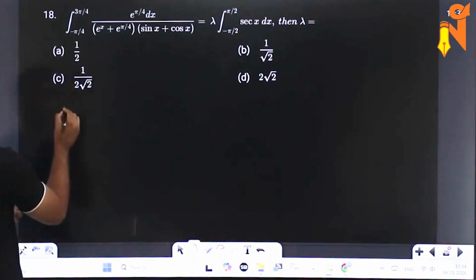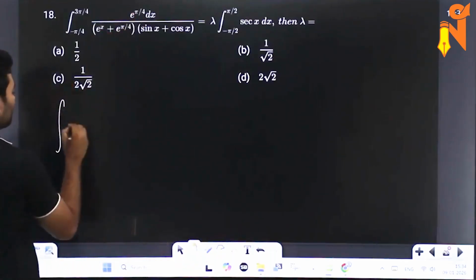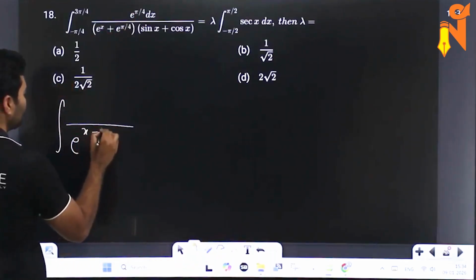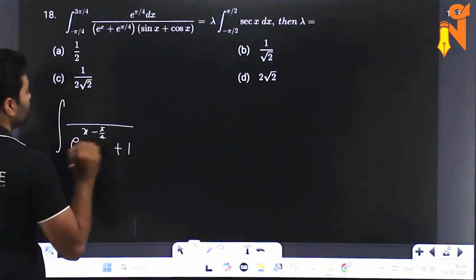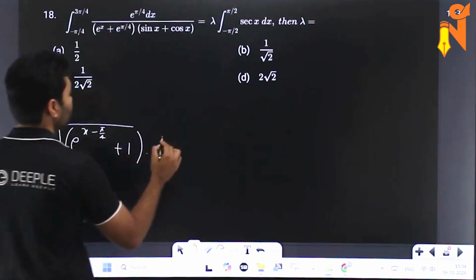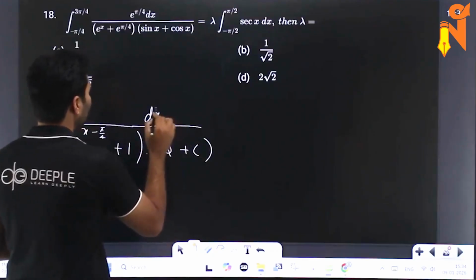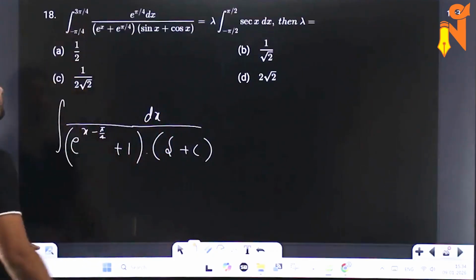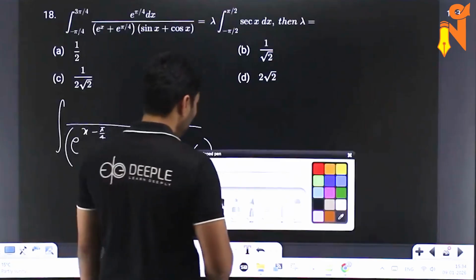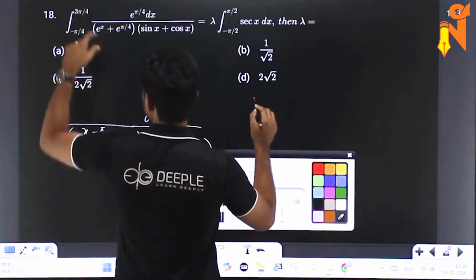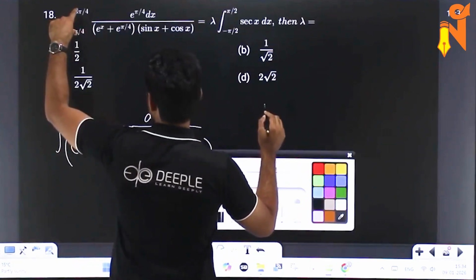Put this here down. So you will get e power (x minus pi by 4) plus 1, into sine plus cos. But why? Because I can see clearly here that I will apply the property. The property is a plus b minus x.